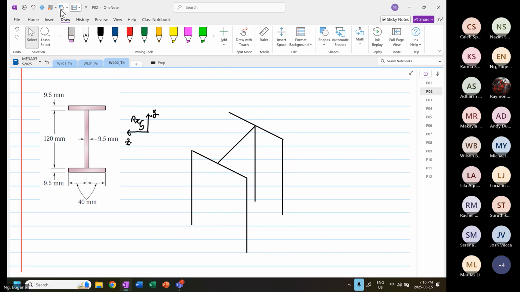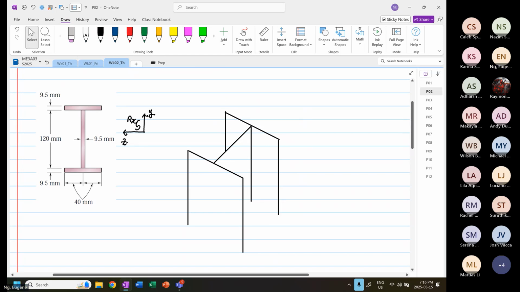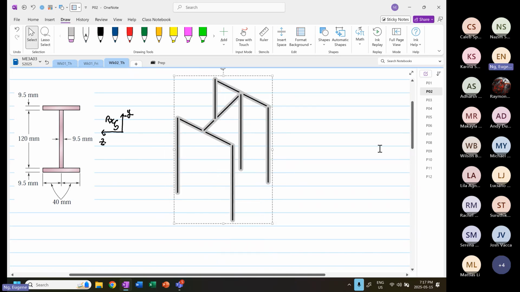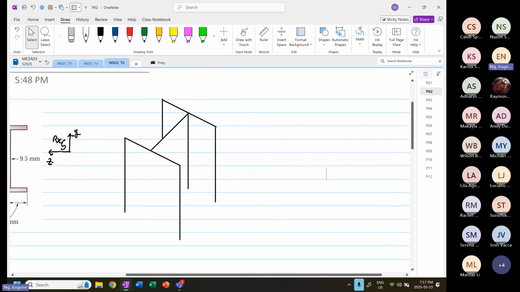Okay, so this is our, and at the same time, I want us to sketch the transformation relative to the 3D view. That is important. Okay, so how our transformation looks like.